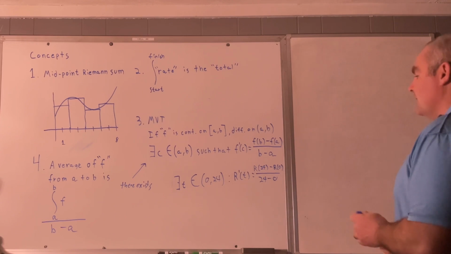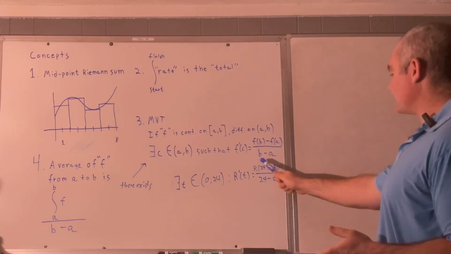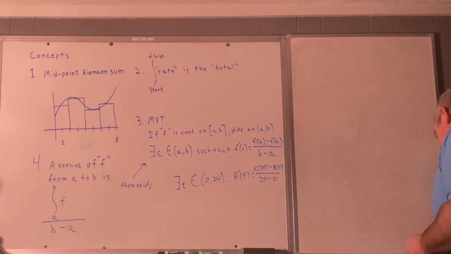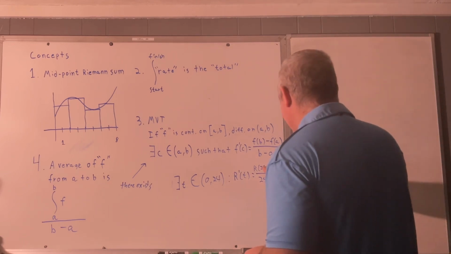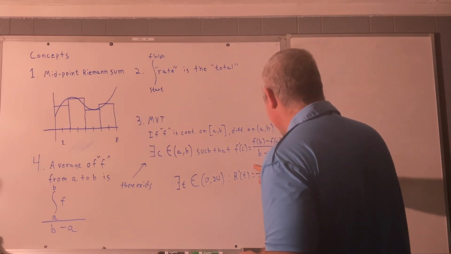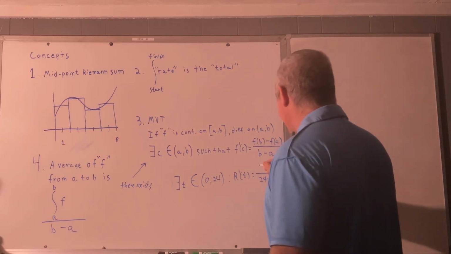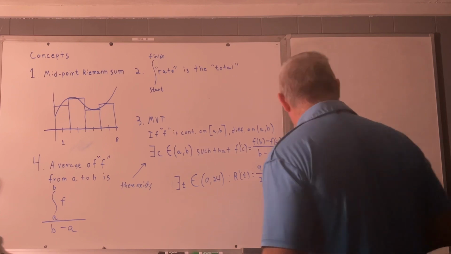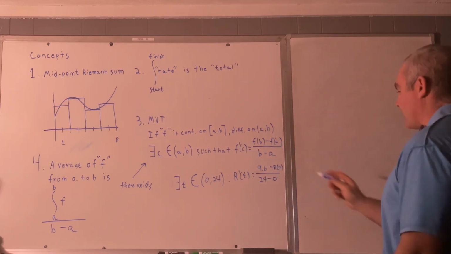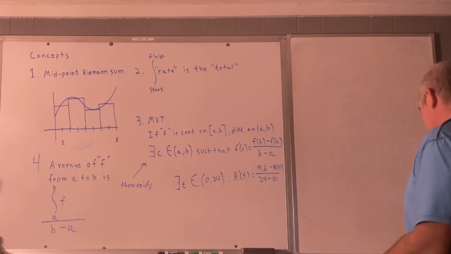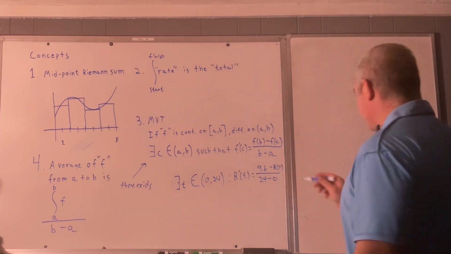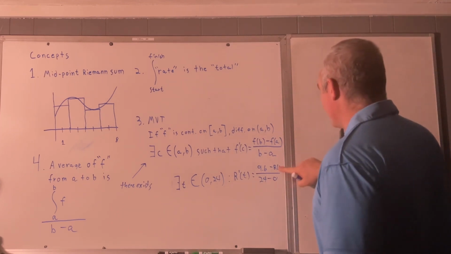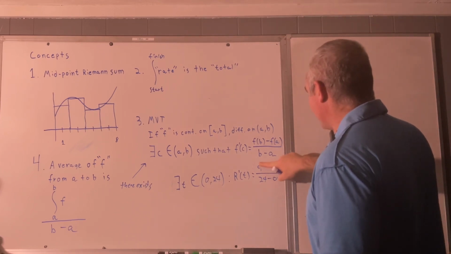Okay, so how does that help us? Well, what is r of 24? If we look at our table, it is 9.6. And what is r of 0? It's also 9.6. What is 9.6 minus 9.6?